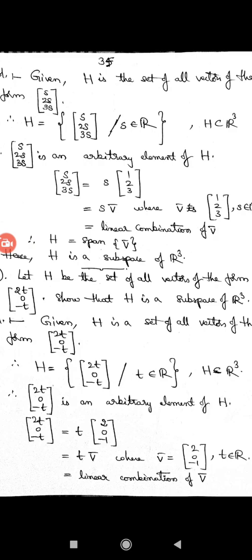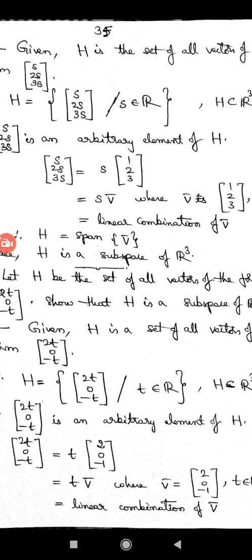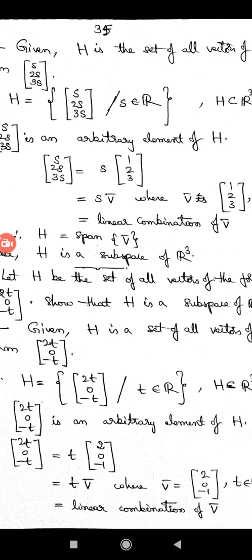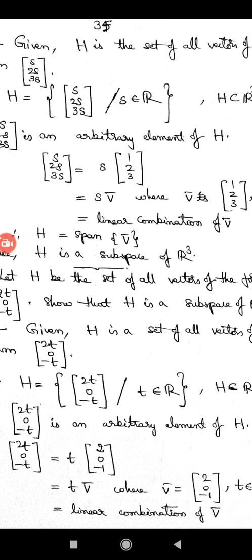And here we should remember that t is a real number, so it can be treated as a scalar, and further t v bar is a scalar multiple of v bar, and that is how it is a linear combination of v bar. So finally we could show that (2t, 0, -t), which is an arbitrary element of H, can be expressed as a linear combination of v bar.